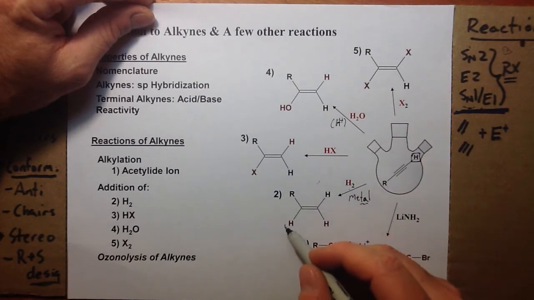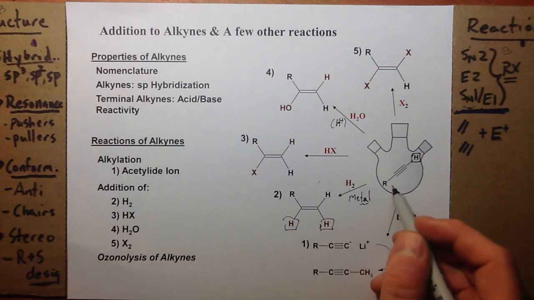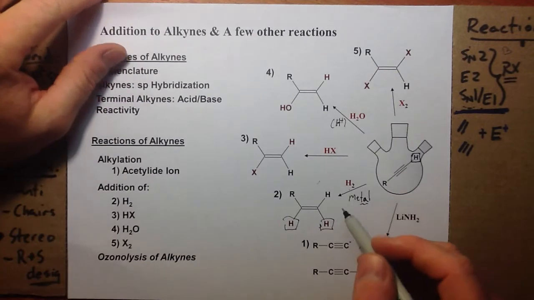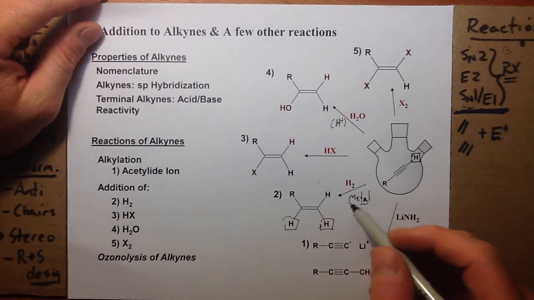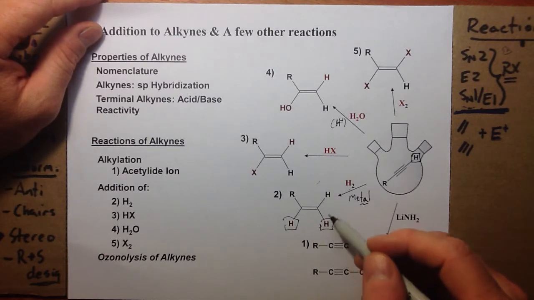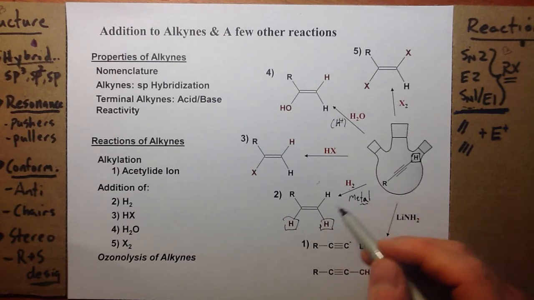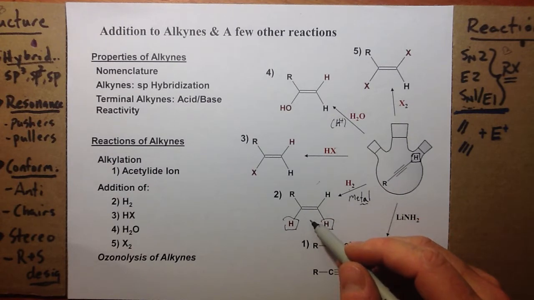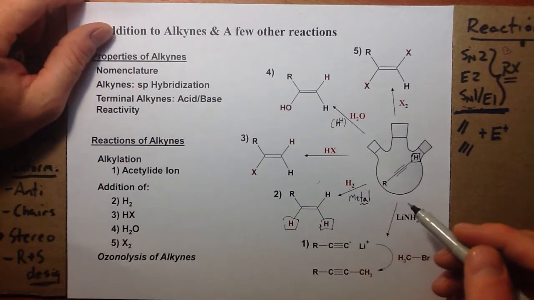We can see that this is a syn addition, just like with metal catalyzed hydrogenation of alkenes. But we're going to find there's a way to have an anti-addition to form a partially reduced alkene from the alkyne, with the groups on opposite sides.